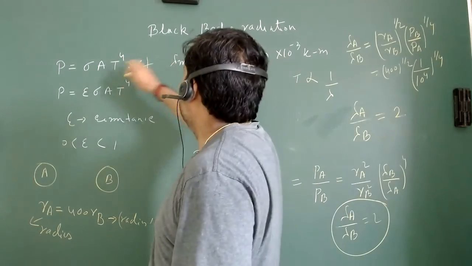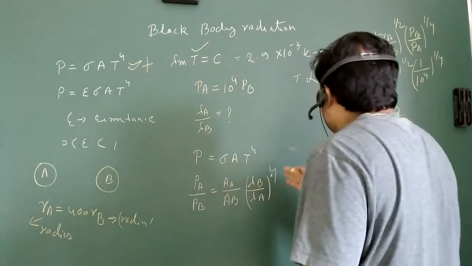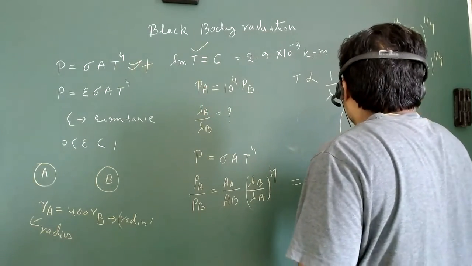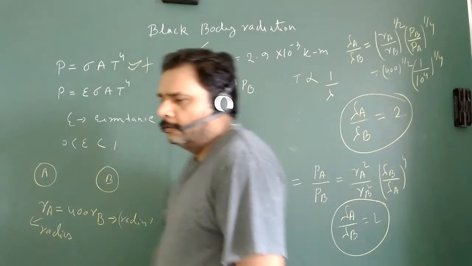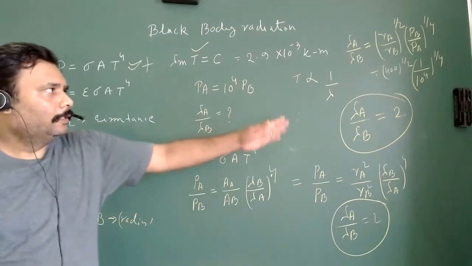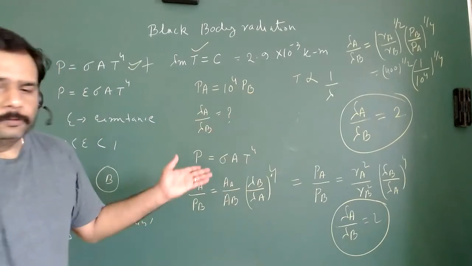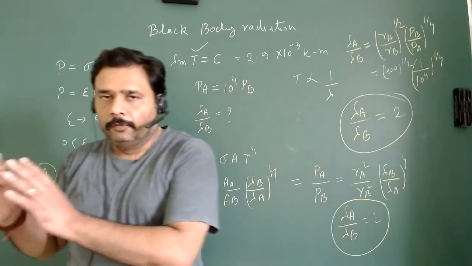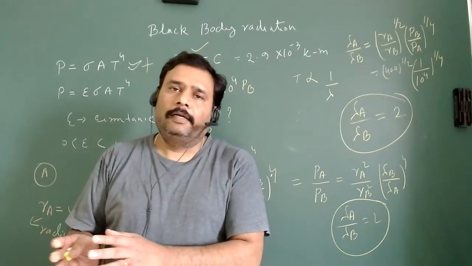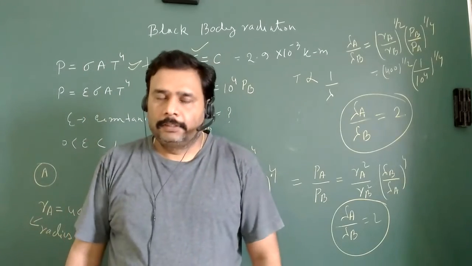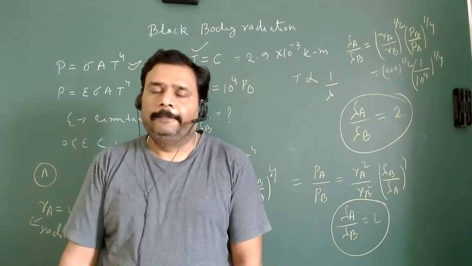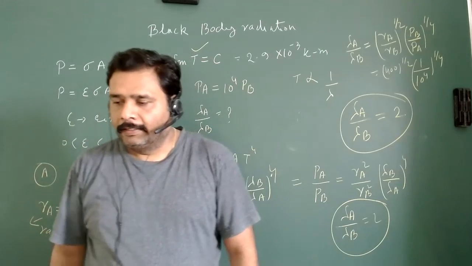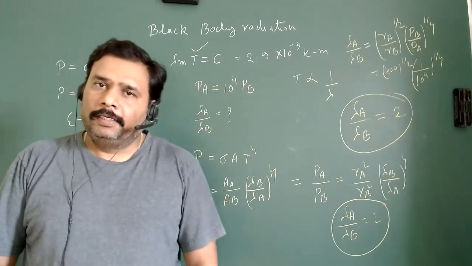When these two are used in this problem, we can easily get lambda A upon lambda B equal to 2, if I have done all the calculation correctly. So this is the first question of black body radiation. We have used Stephen's law as well as Wien's displacement law, and found the final answer. So let's go for the second question.